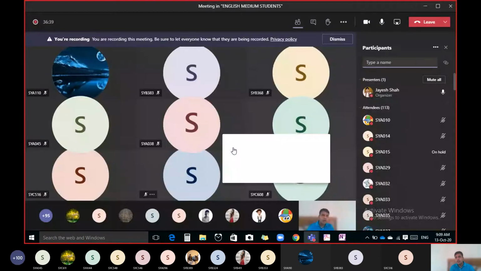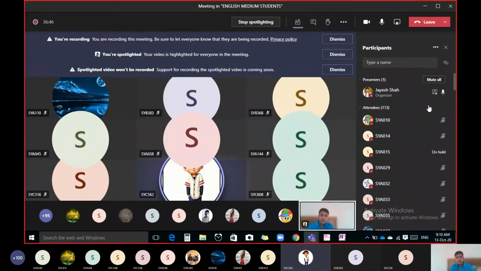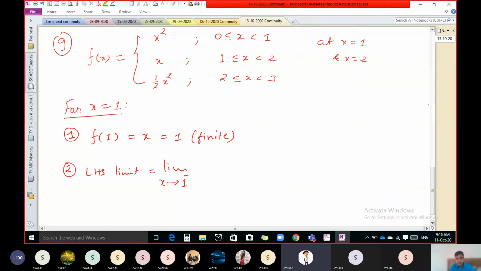The value of x is very near to 1, but not 1, like 0.99999, etc.